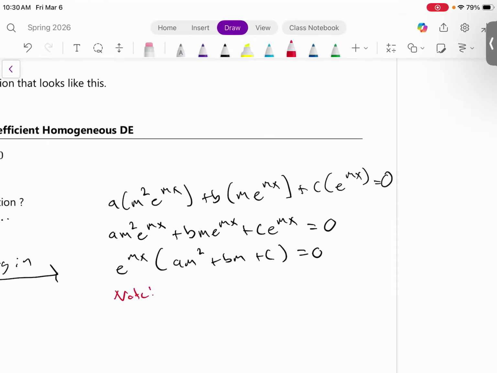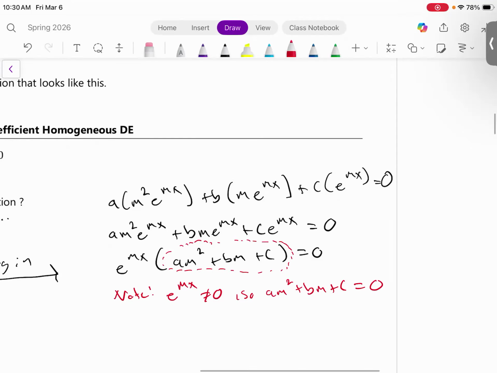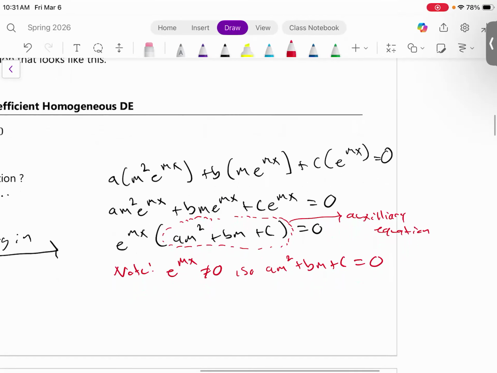And so this expression right here, this quadratic formula, is what's known as our auxiliary equation. And that's what we're going to be using to find our constant coefficients from a differential equation of this form.